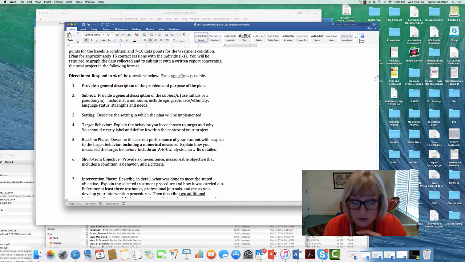And in describing this baseline phase, you need a lot of detail. You need a short-term objective, one sentence, and that should include a condition, a behavior, and a criteria. So for instance, given a self-monitoring checklist, the student will reduce the number of times they call out during reading instruction to no more than one in each 30-minute period by April 28th, 2016.